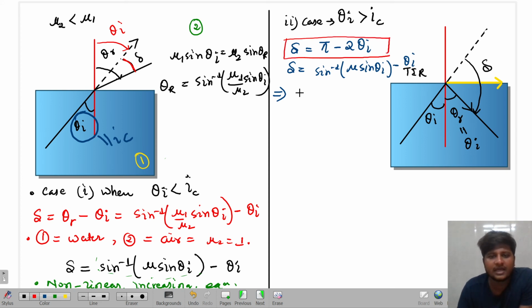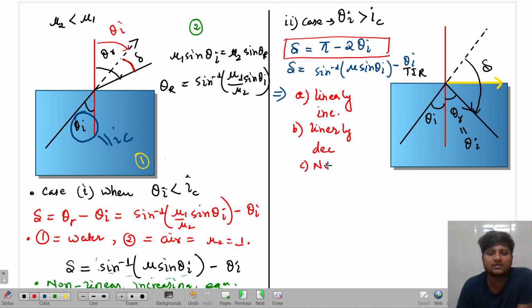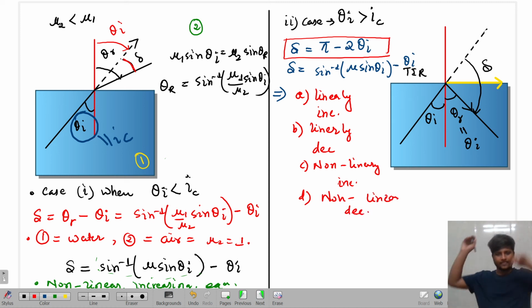Options are A, linearly increasing. Option B, linearly decreasing. Option C, non-linearly increasing. Option D, non-linearly decreasing. Tell me, everyone. How?